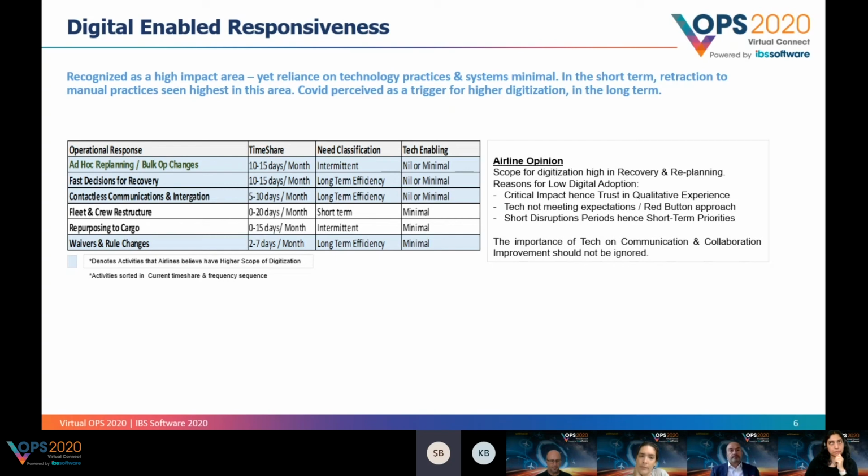And of course, depending on exactly what it is you're doing, you may have to change the crew if you're flipping from a Boeing to an Airbus or whatever it happens to be. So, you still have that same level of complexity that you had.